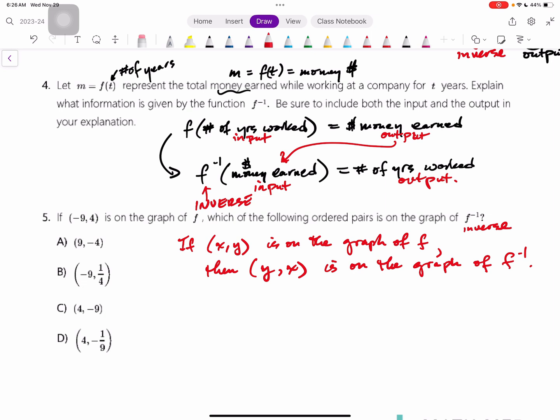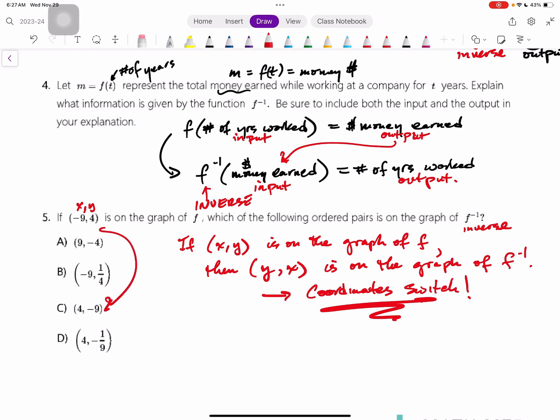The only thing that happens is that the coordinates switch. So if you're given the point negative 9, 4, when you switch coordinates, it becomes 4, negative 9. So it looks like this one right through here. That was the main idea.